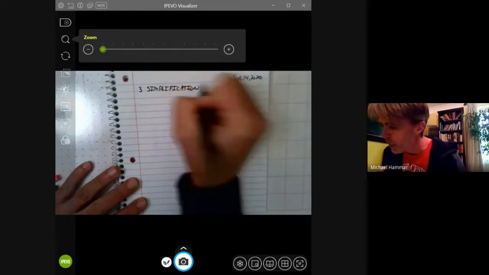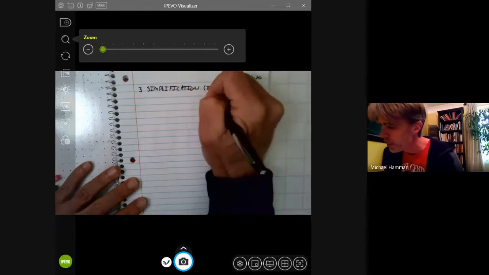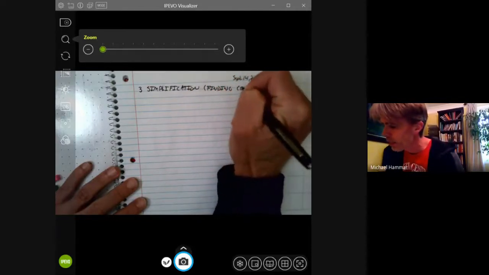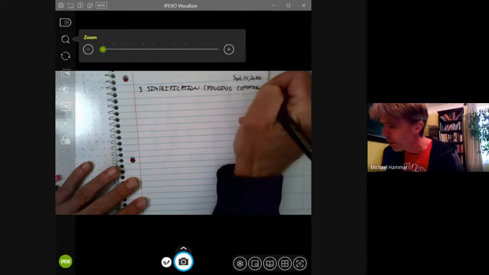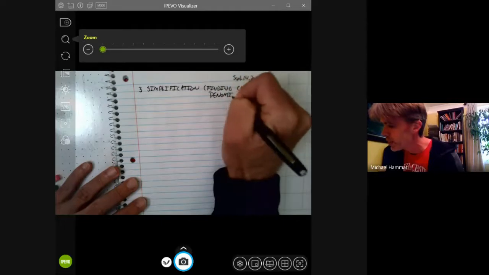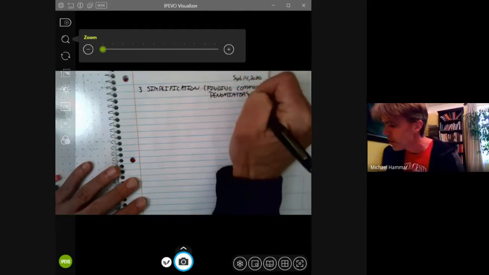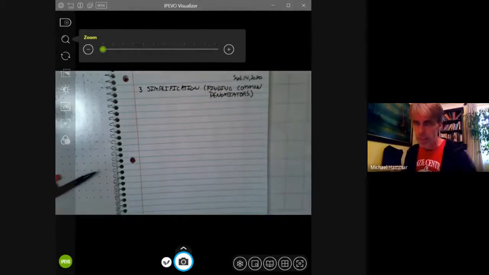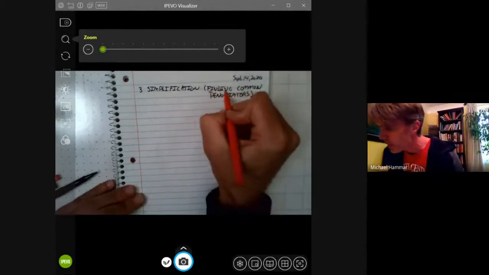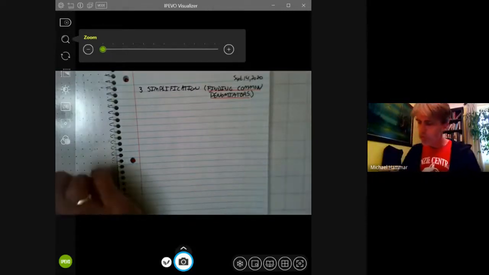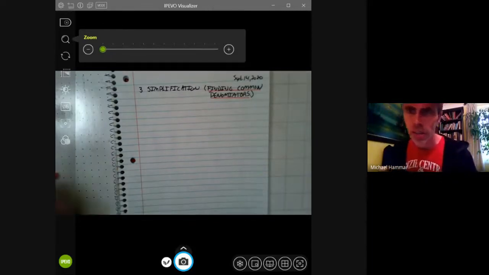You oftentimes call this finding common denominators. We are very often going to have to find common denominators in fractions. So let's get started.